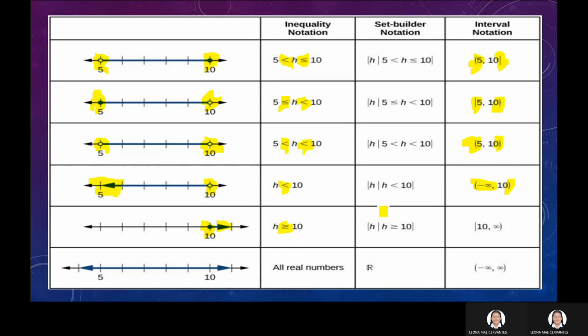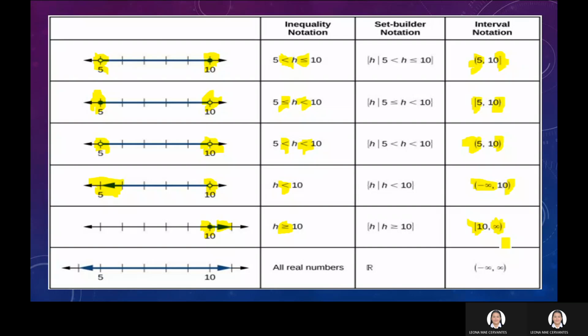Then for our set builder notation, we have the set of all h such that h is greater than or equal to 10. Next, interval notation. Since positive 10 is shaded or included, we will use square bracket. Then, since we have an arrow going to the right, which is going to positive, we will use positive infinity.